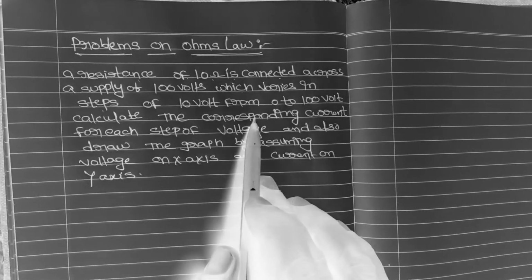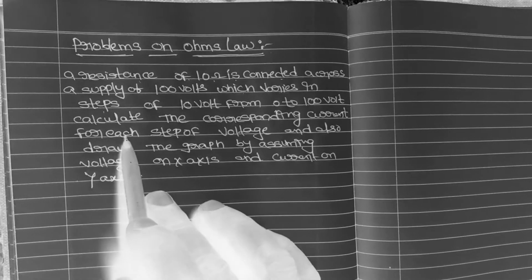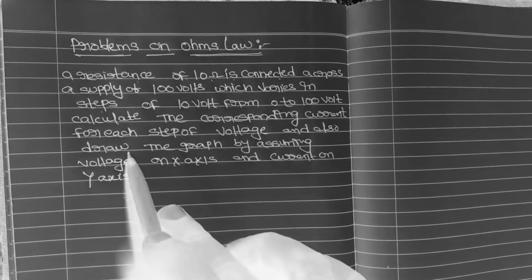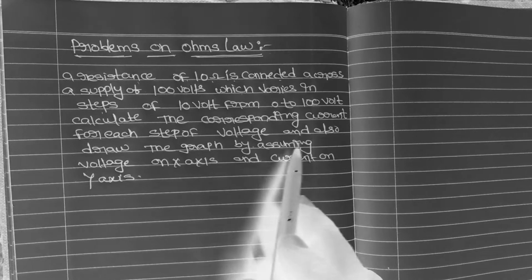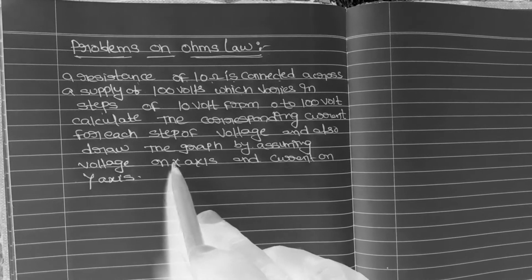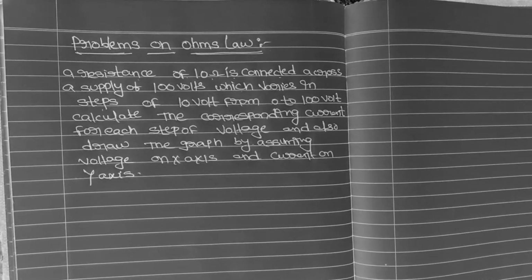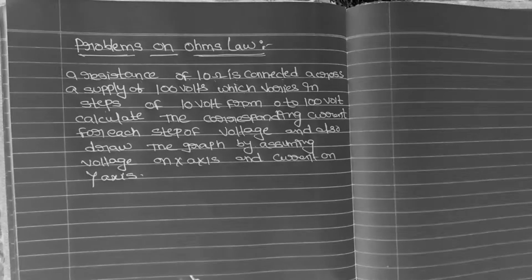Calculate the corresponding current for each step of voltage and also draw the graph by assuming voltage on the x-axis and current on the y-axis. So the problem will be given like this.